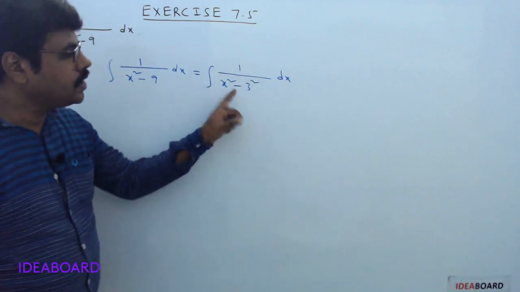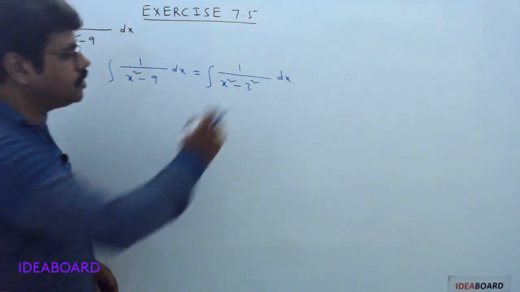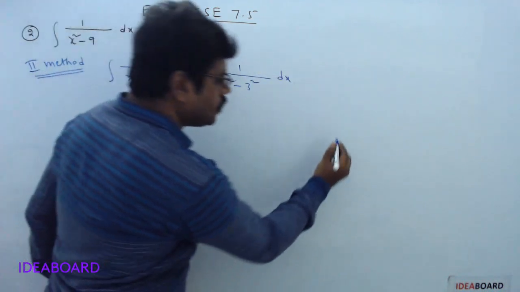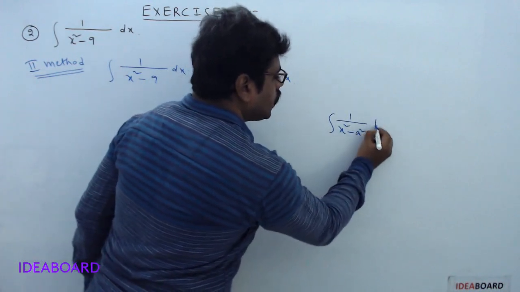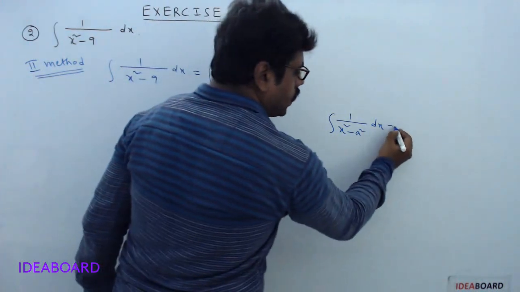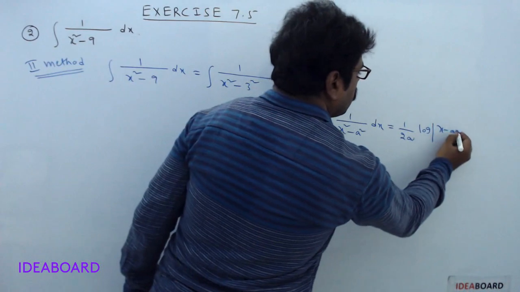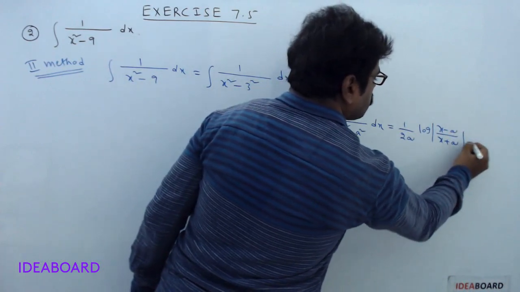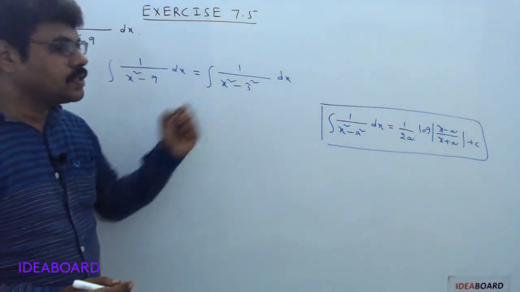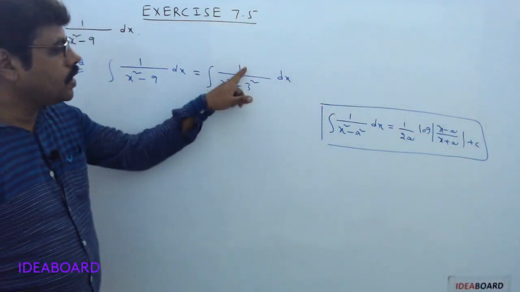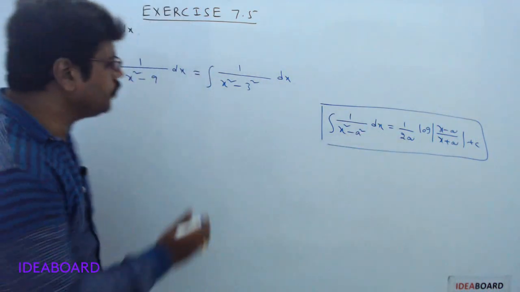Now if you observe this integrand, it is of the form 1 divided by x square minus a square. Now this entire term is of the form integral 1 divided by x square minus a square dx. What is its formula? 1 by 2a into log mod x minus a divided by x plus a plus some constant c. You can apply this formula.